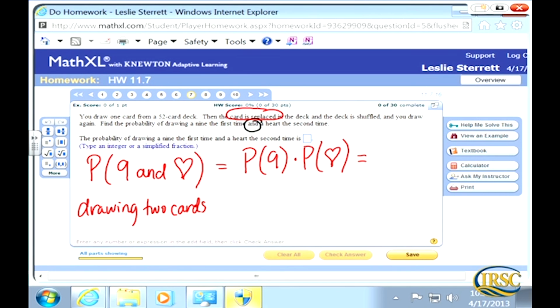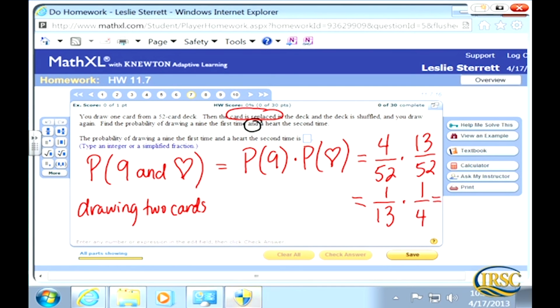So what's the probability of getting a 9? 4 out of 52. And the probability of getting a heart? Okay, 13 out of 52. If you reduce, that's fine because we're multiplying. So some of you remember what these were already reduced. So this was 1 over 13 times 1 over 4.